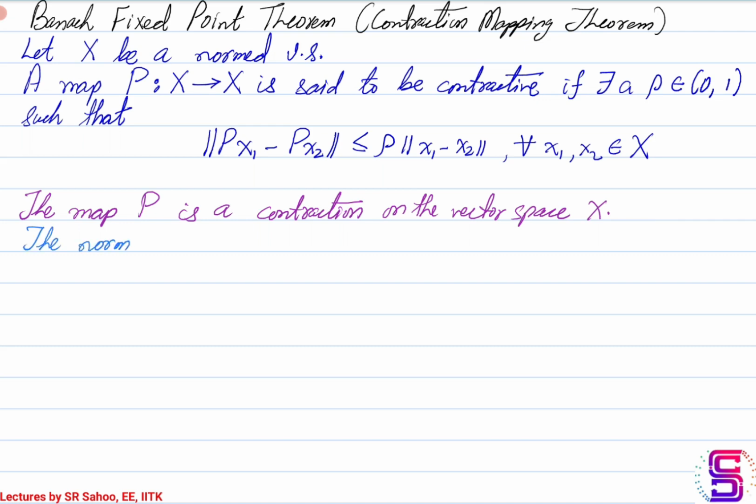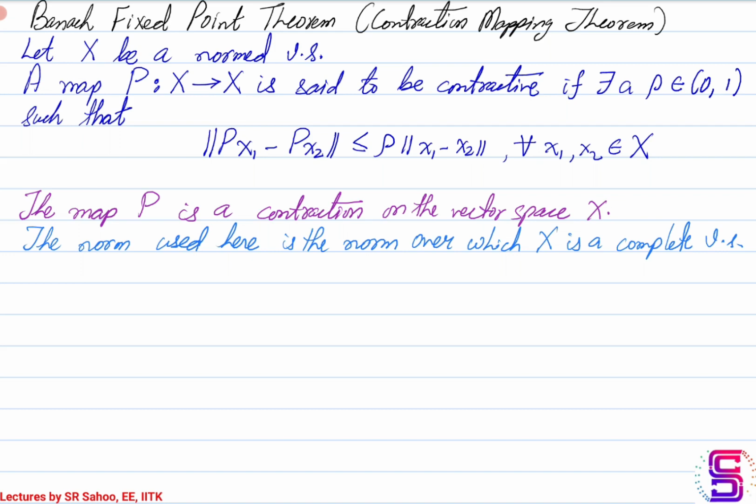The norm used in this definition is the norm over which X is a complete vector space. Complete vector space means it's a Banach space. Okay, so this is the definition of contraction mapping.